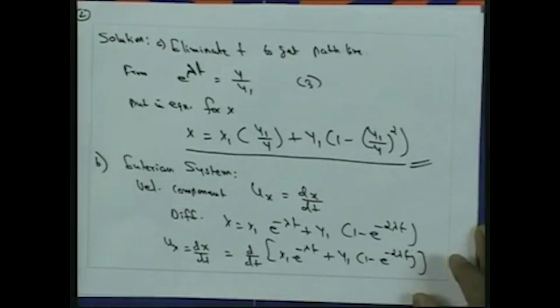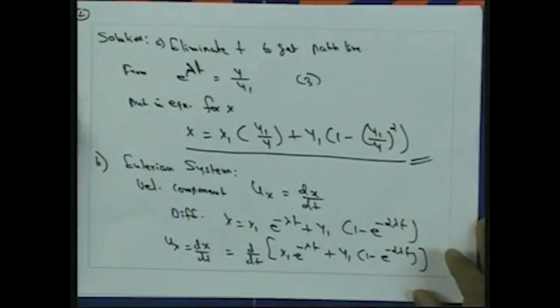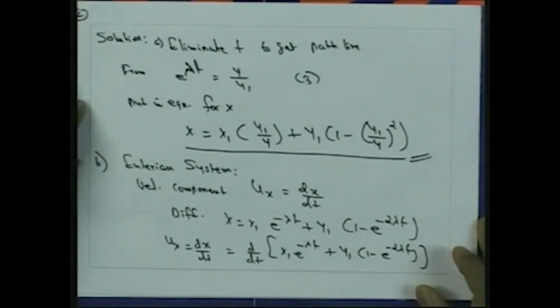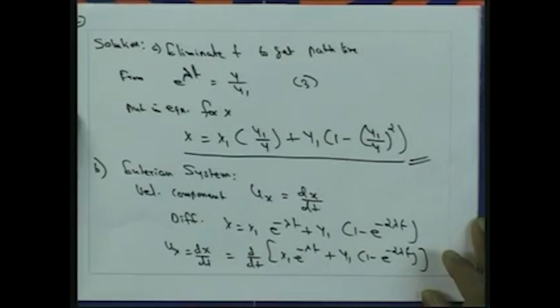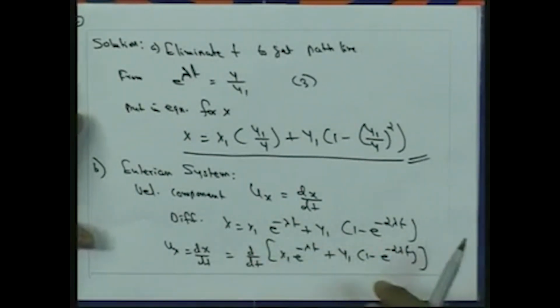Now the second part of the problem is to get the Eulerian system velocity components with respect to the Lagrangian system given. In the Eulerian system, as we have discussed, at a particular position we get the velocity component.